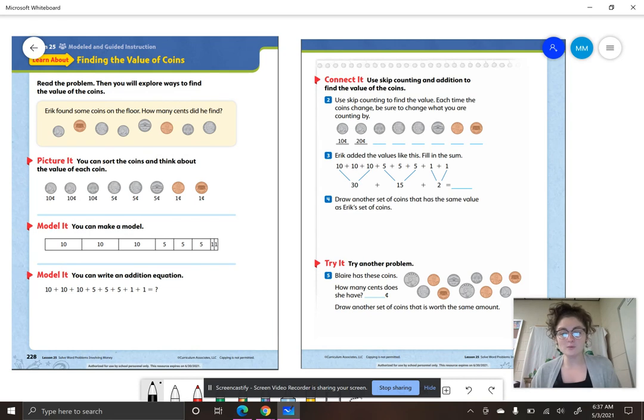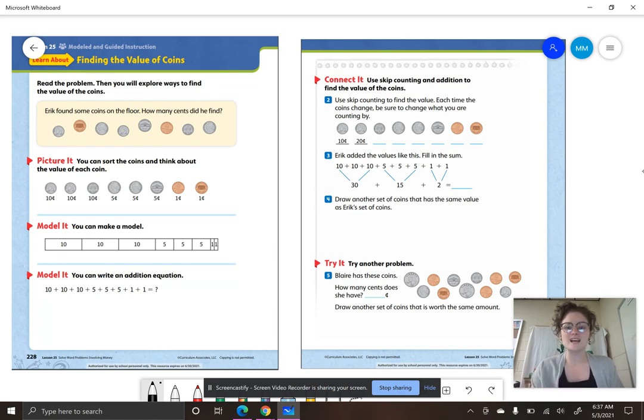So that's one way to show the value. The other way is that we can write an addition equation. So we could write 10 plus 10 plus 10 plus 5 plus 5 plus 5 plus 1 plus 1. To find the value of these coins, we can use our knowledge about skip counting. We can solve that addition equation, but let's see if we can find another way.